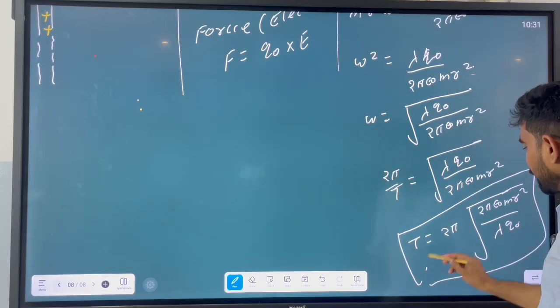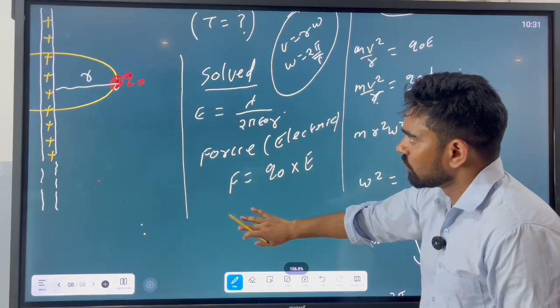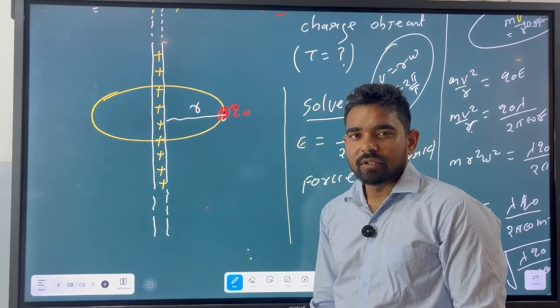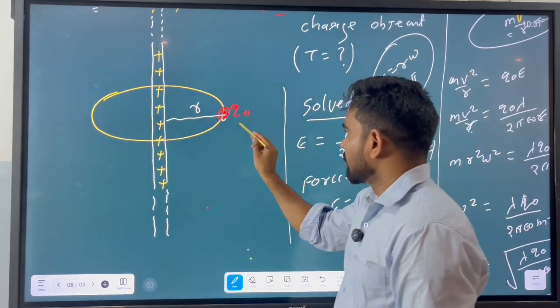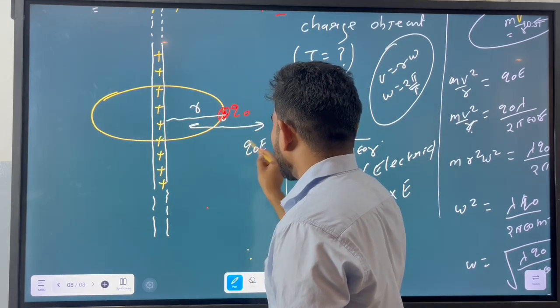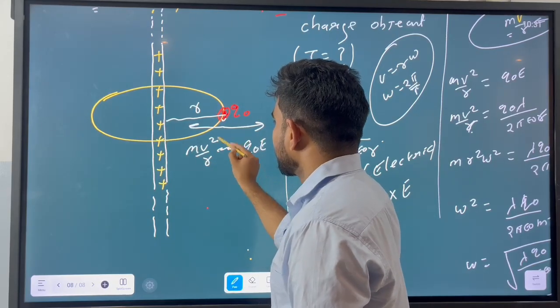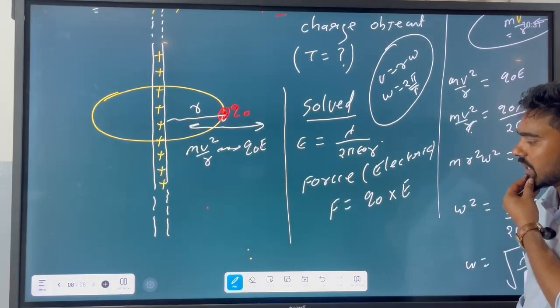This is the value of the time period when the point charge moves along the circular path. This is the basic logic, because this force is balanced by this force, meaning q times E balanced to m v square divided by r. For circular motion, both forces balance each other.